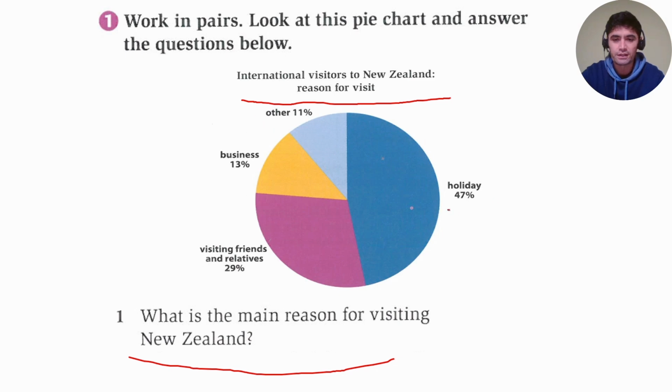For holiday, as you can see, 47% of people visit New Zealand for holiday. 29% of people visit friends and relatives in New Zealand. 13% of people visit New Zealand on business, and 11% of people visit New Zealand for other reasons.